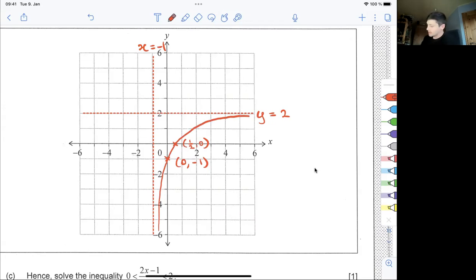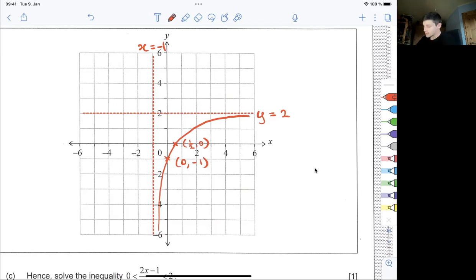As x increases, this line gets closer and closer to y equals 2 but never touches it. Equally, as x tends towards -1, we know that our function tends towards negative infinity.